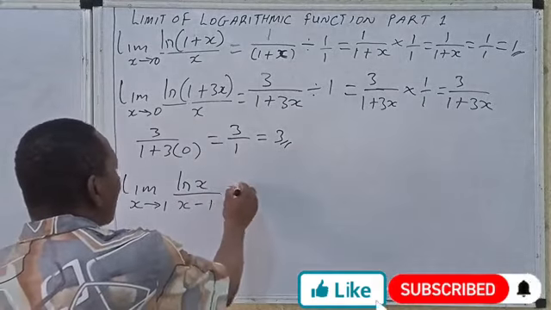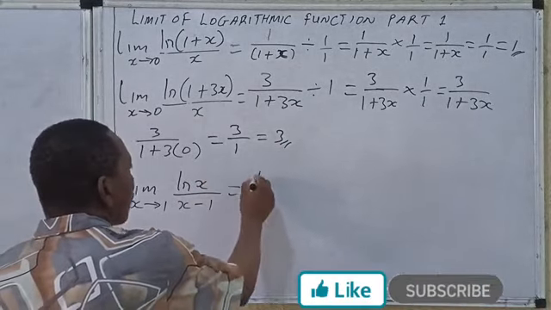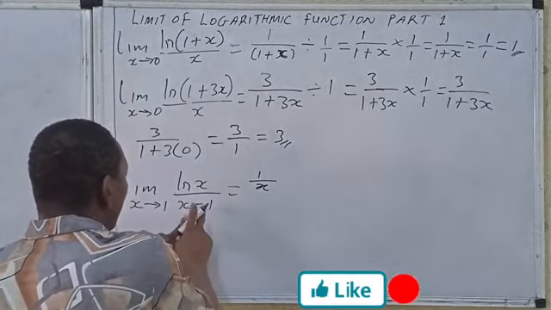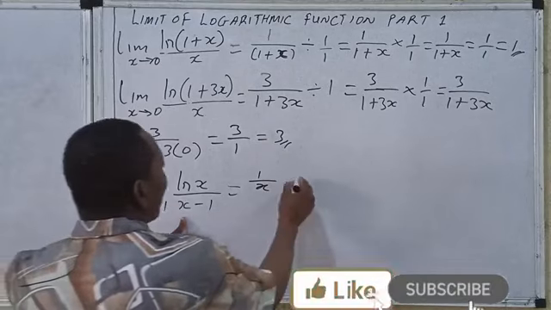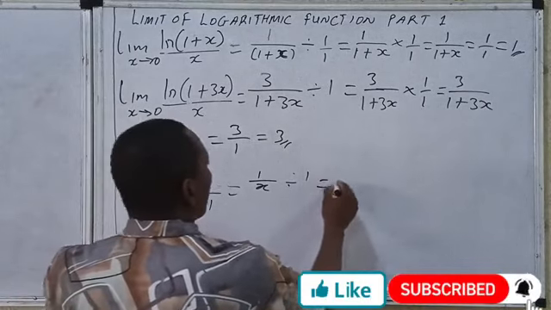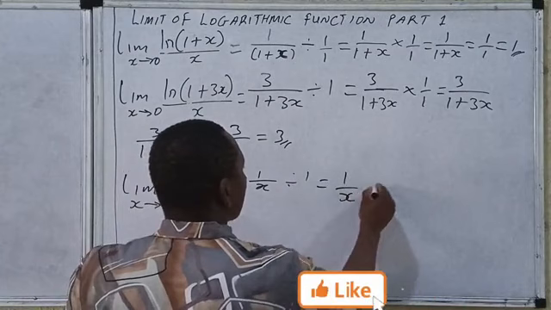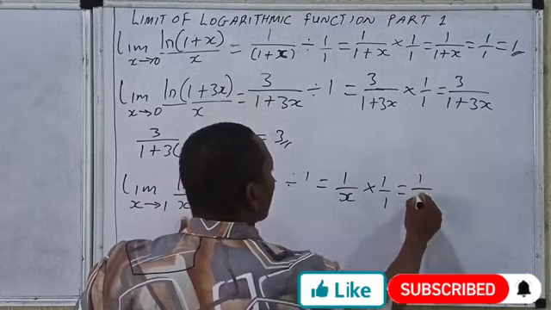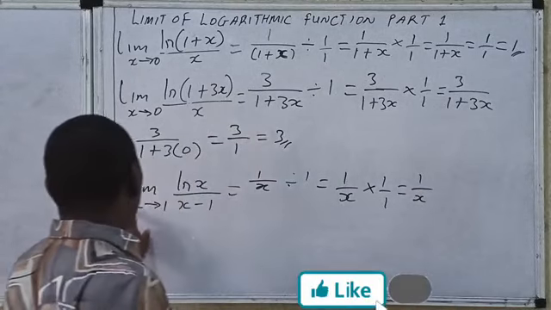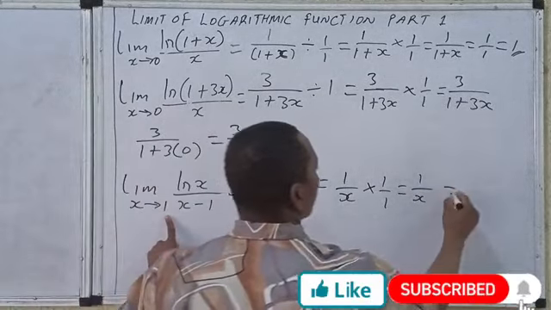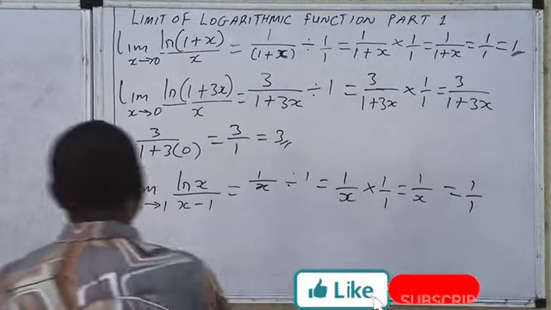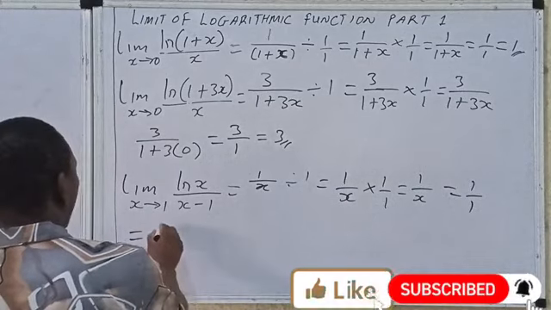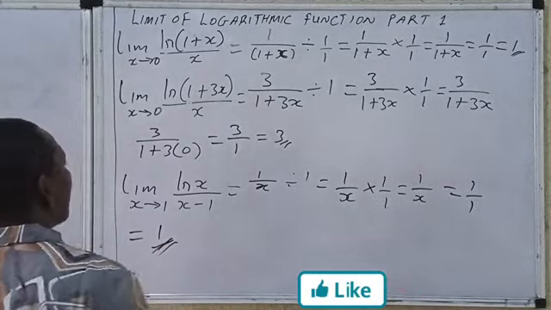Simplify. If you differentiate this, you have 1 all over x. Bring it down. Now, if you differentiate the denominator, what will you have? 1. So 1 all over x times 1 all over 1, and this is 1 all over x. x is 1. So which is 1 all over 1. What is my answer? My answer in this case is 1. So it's a very direct question.